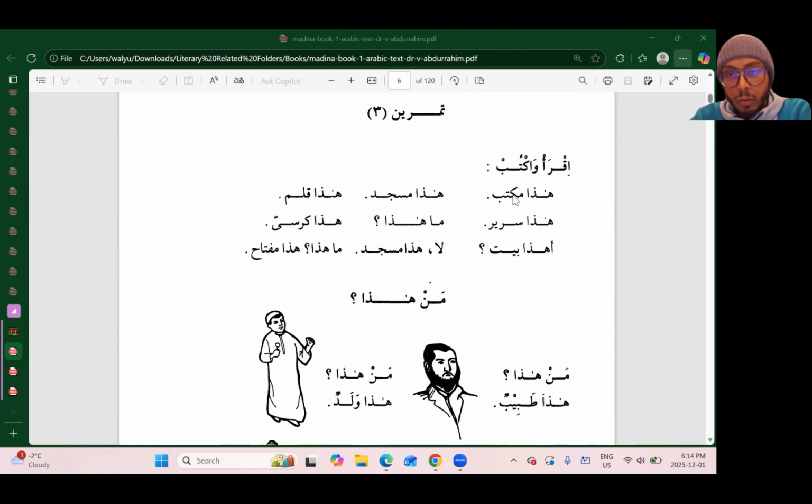Hada maktab. This is a desk. Now, as you can see, they want you to put the ending. So when you're filling in your PDF, or if you buy the actual book, you should write them down. This says read and write, so you should be copying all of this into a notebook and get writing practice.